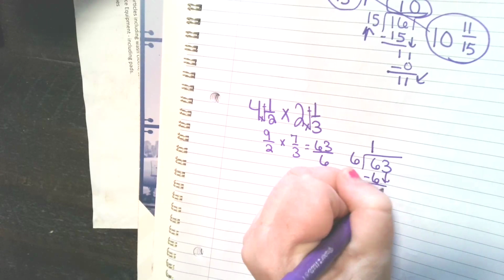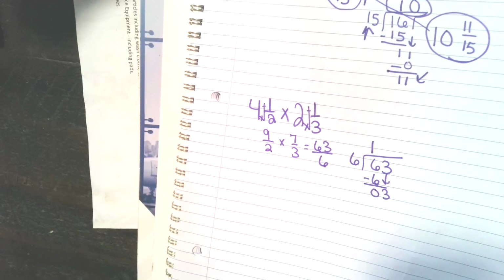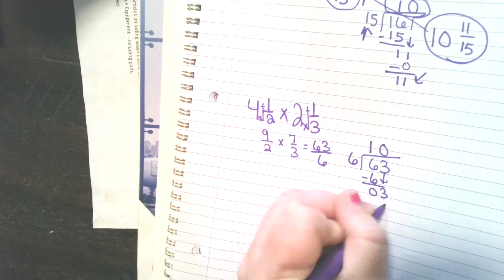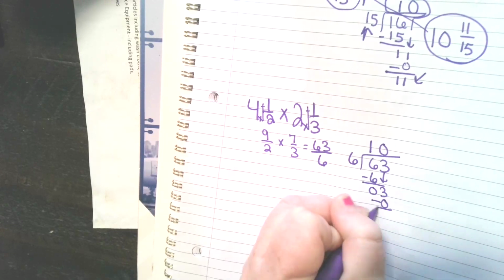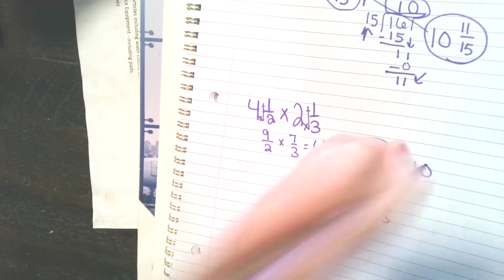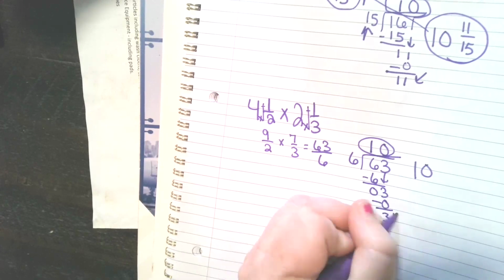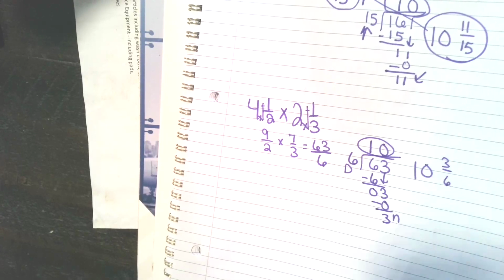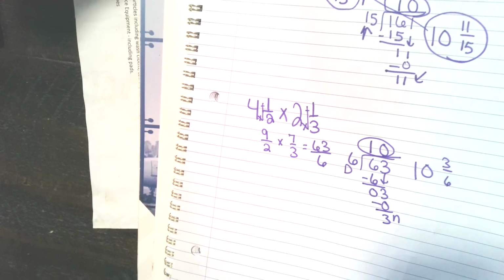And then I bring down my 3. How many 6s are in 3? That would be 0. 6 times 0 is 0. And 3 minus 0 is 3. So this is my whole number, 10. This is my numerator, 3. And this is my denominator, 6. So 10 and 3/6.